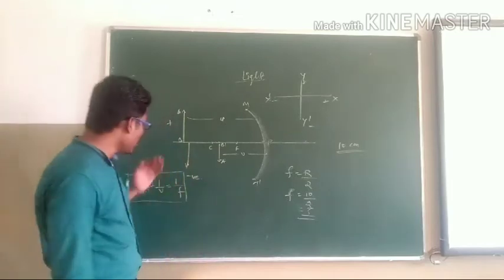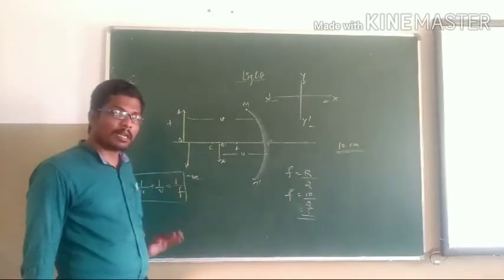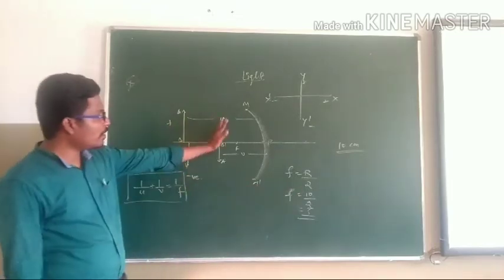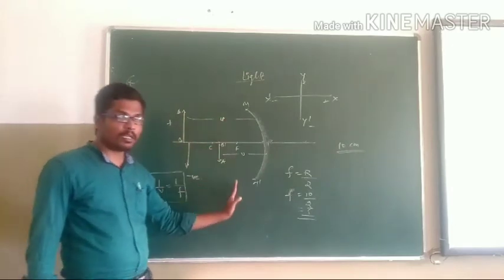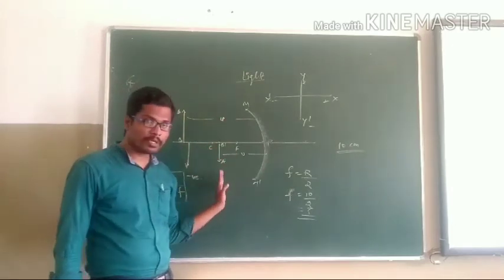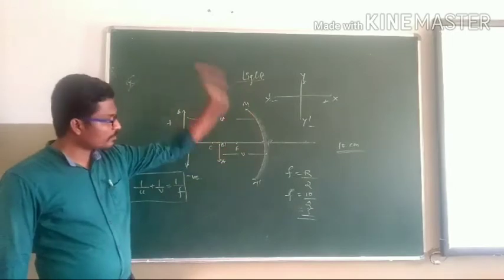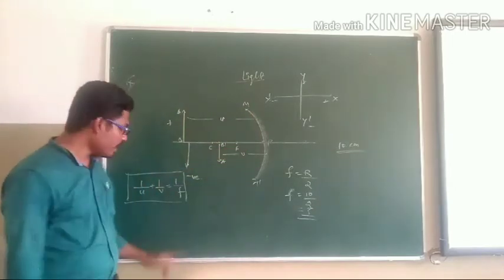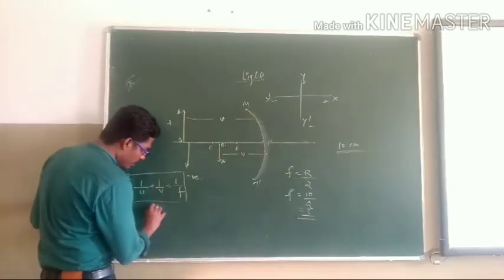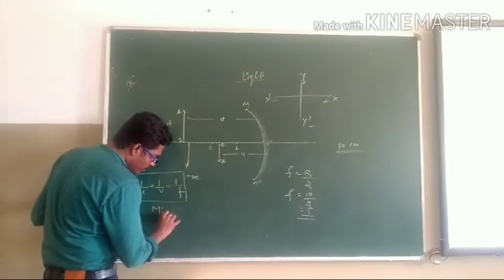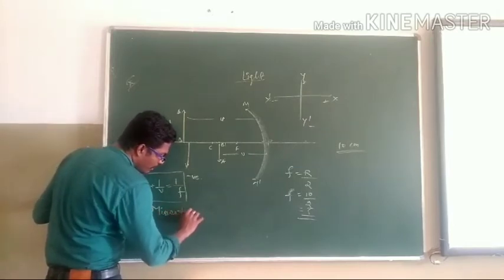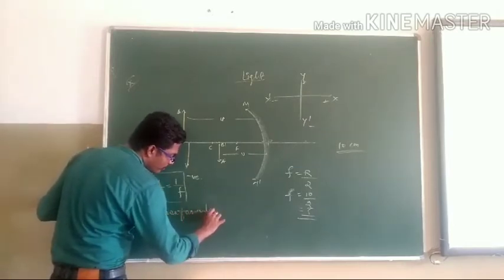What is coming is the relationship between the distance of the object, the distance of the image, and the focal length. This formula is called the mirror formula.